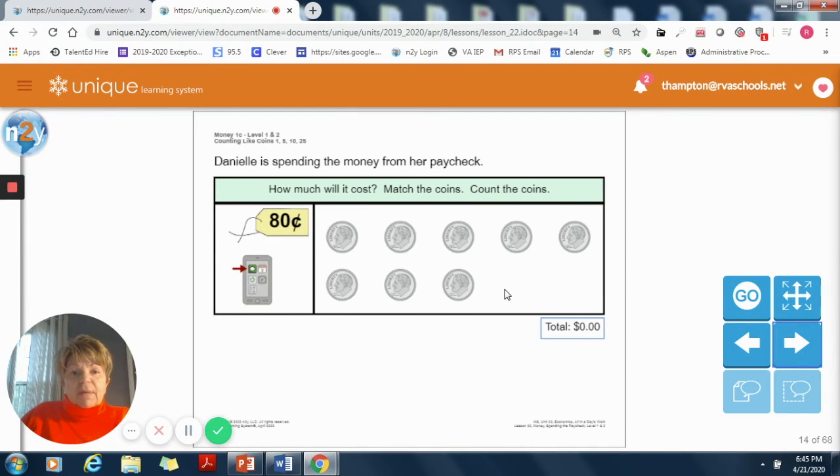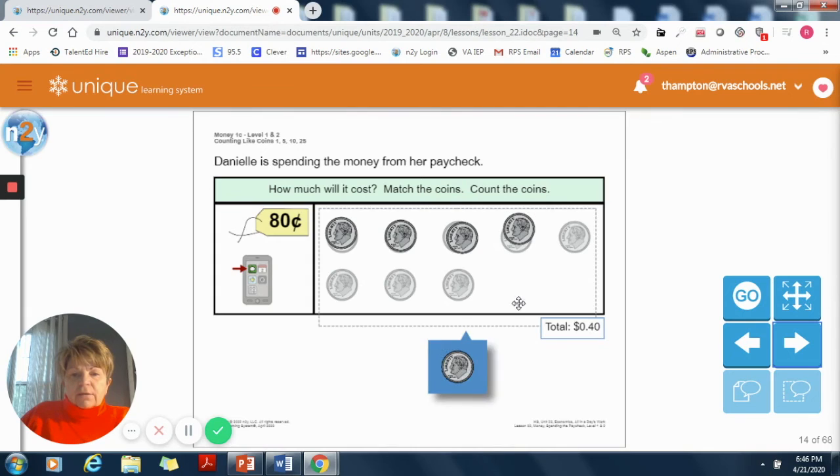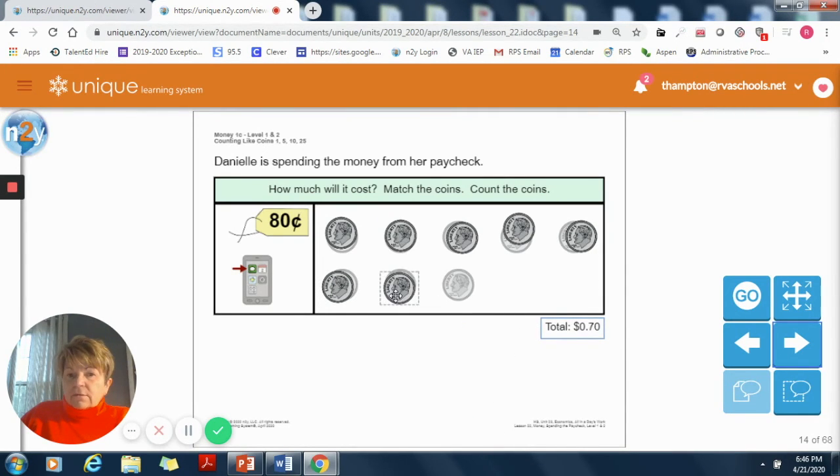Now we're going to match our coins. We know that this is the dime, so let's count out how many we're going to need. 10, 20, 30, 40, 50, 60, 70, and 80.